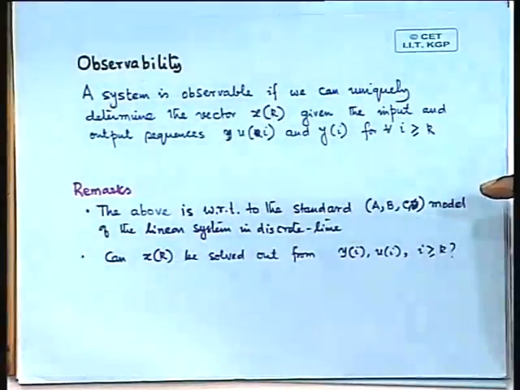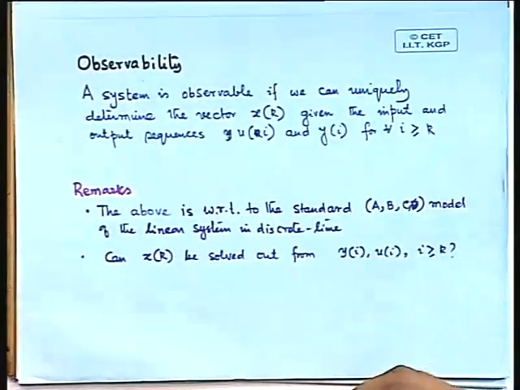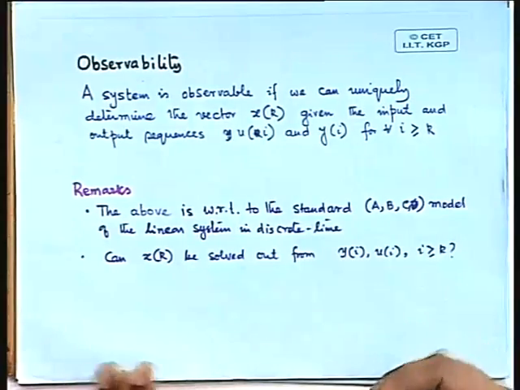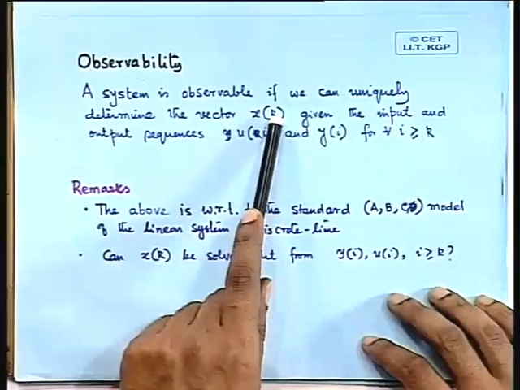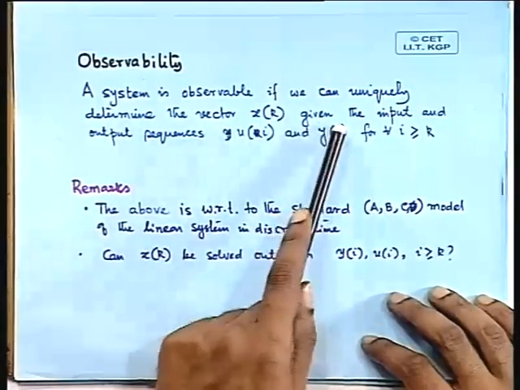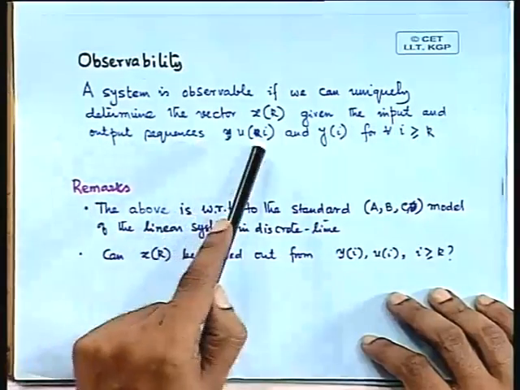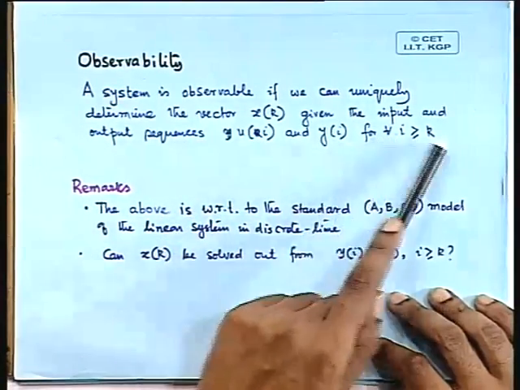Okay. So, the question is when can we even hope to solve this problem? That is given by what is known as the condition of observability. So, a system is said to be observable if we can uniquely determine the vector x_k at time k given the input and the output sequences u_i and y_i for all i greater than k.